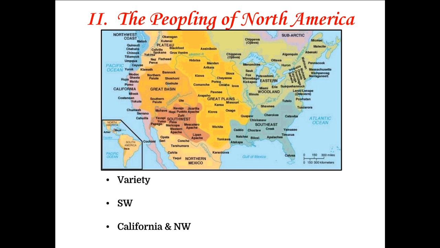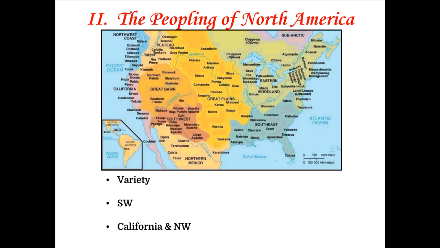In the southwest, we get the spread of maize cultivation, and this maize cultivation had spread northward from Mexico. And the spread of maize cultivation from present-day Mexico northward into the American Southwest and beyond supported economic development and social diversification among societies in these areas.